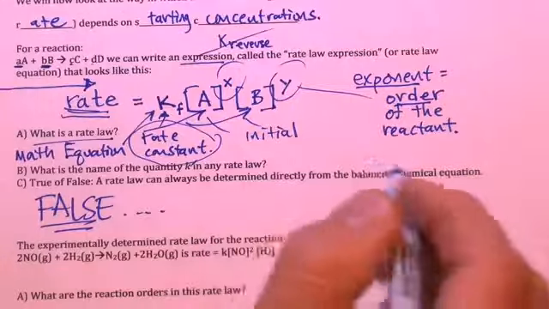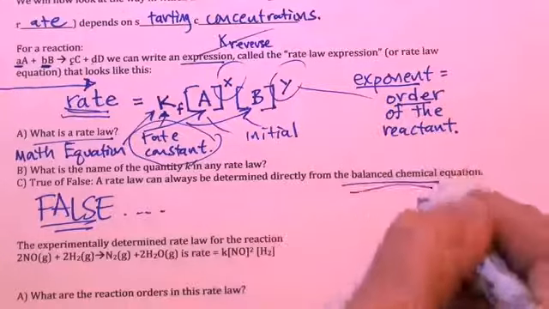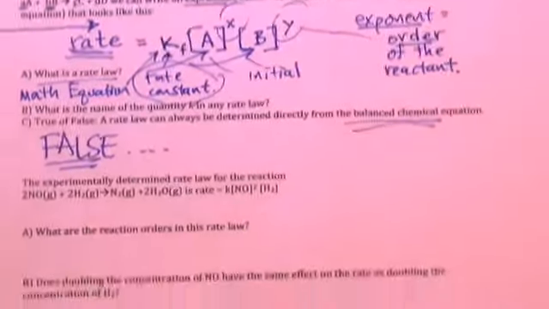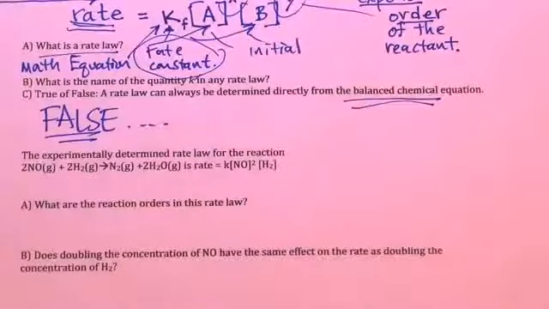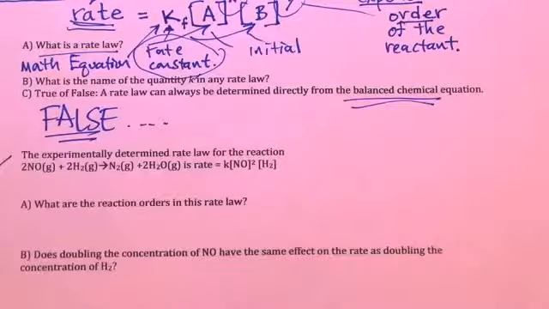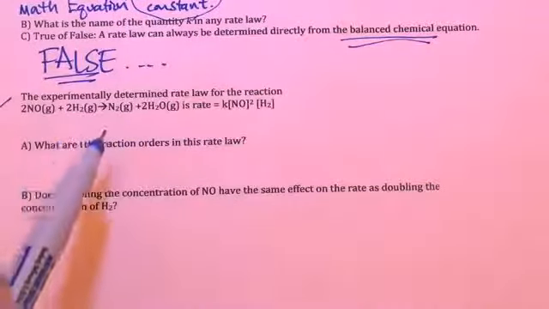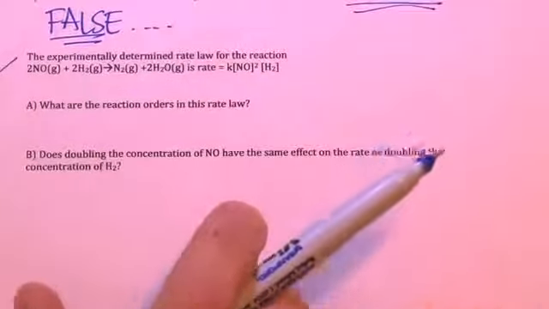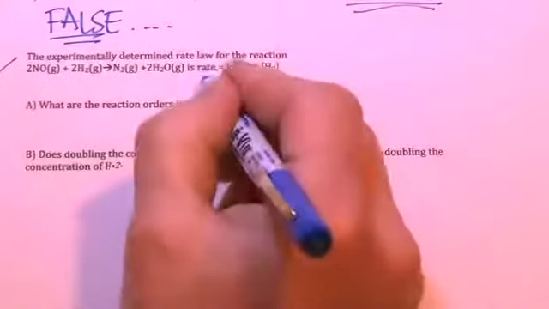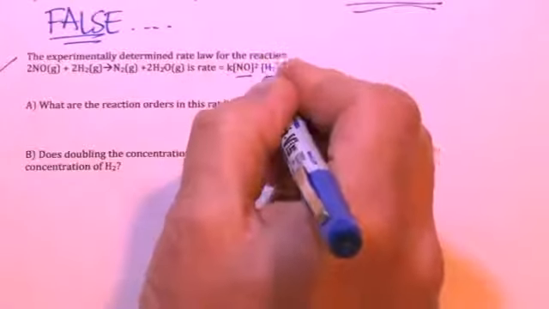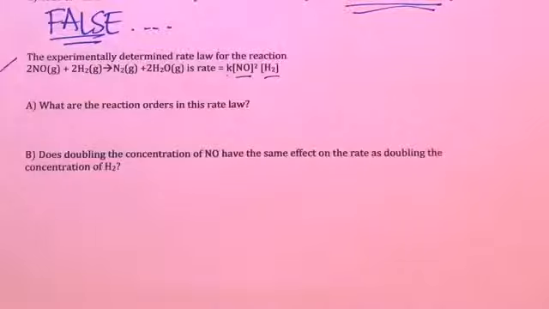You can never find it from the overall balanced chemical equation unless they give you lots more information. So here's a question. The experimentally determined rate law for the reaction 2NO plus 2H2 goes to N2 plus 2H2O is rate is equal to k [NO]^2 times [H2].